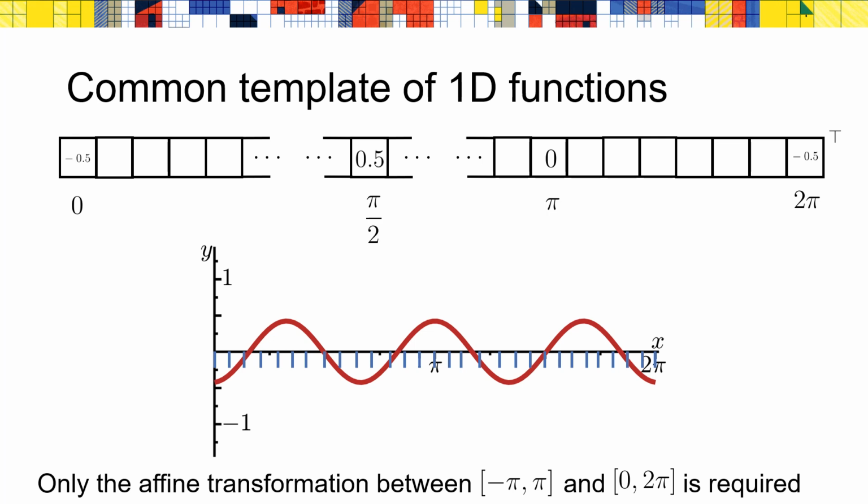So the only thing that is required to combine these two functions is the affine transformation between the two domains on which the functions are defined. And on the real line, this is an easy problem. One can compute the scaling and the translation to compare two functions defined on two different domains.